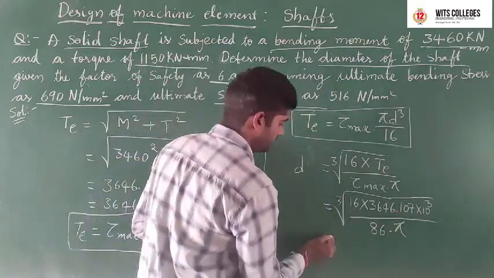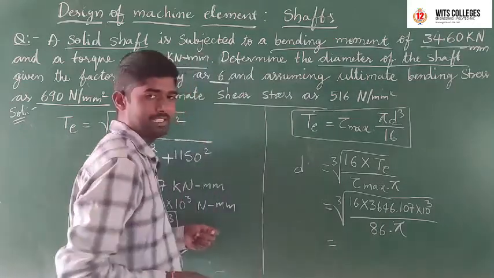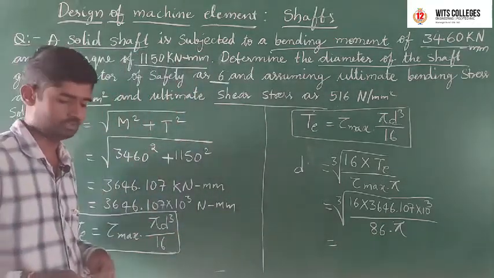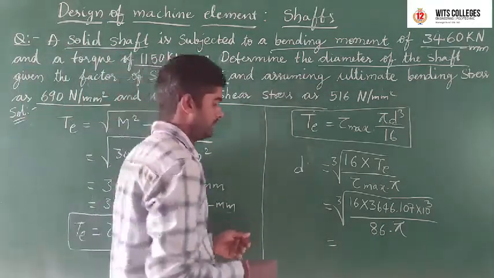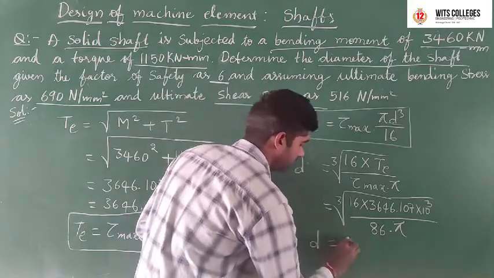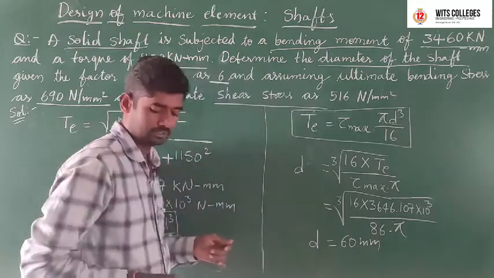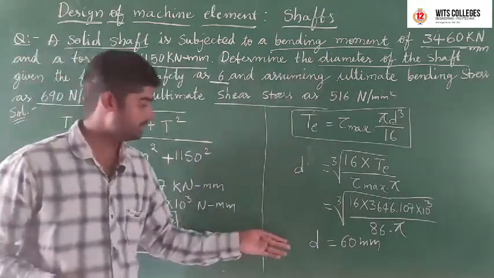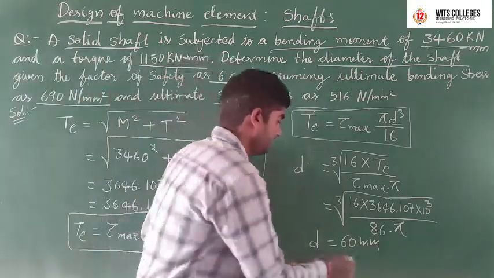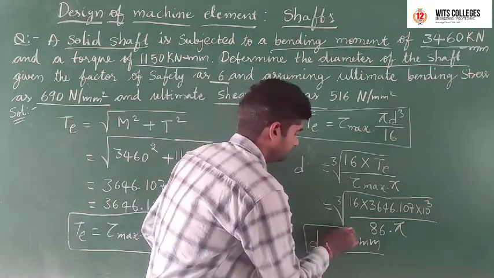Find the D value using your calculator. Approximately, the diameter of the shaft D is equal to 60 mm.